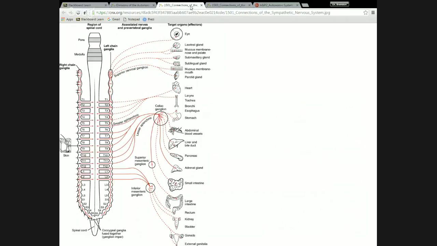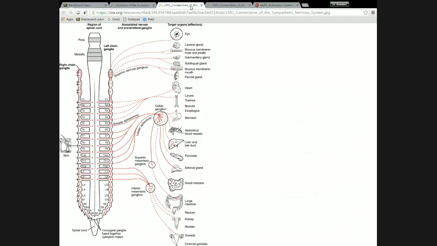There are some ganglia that are superior to this T1 level. They're called cervical ganglia. And anything that synapses on these ganglia are coming from the T1 through upper lumbar, the thoracic through upper lumbar region. But these ganglia are headed to more superior locations to control what's going on there.